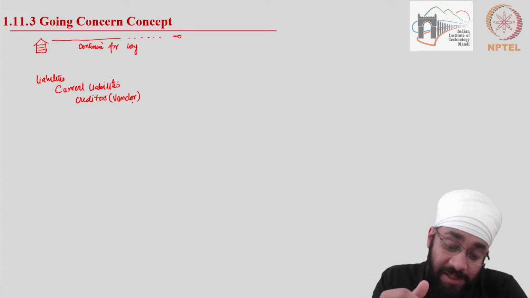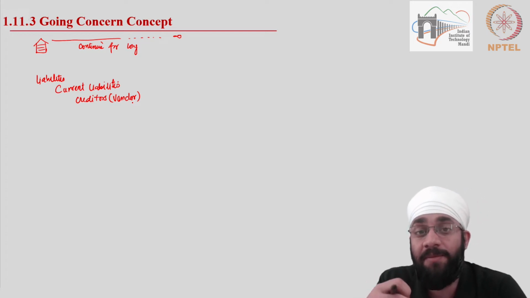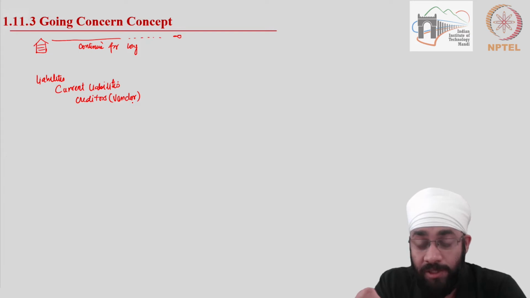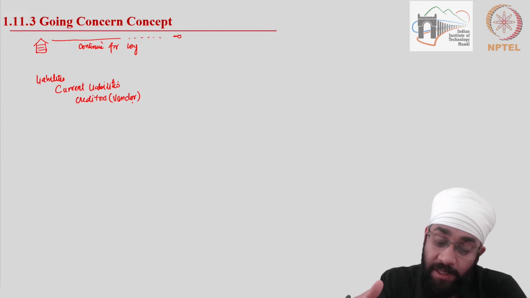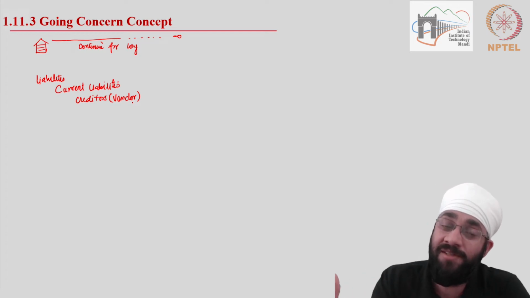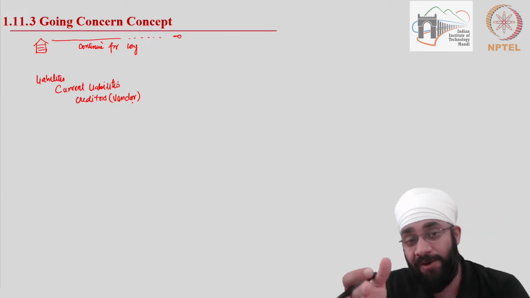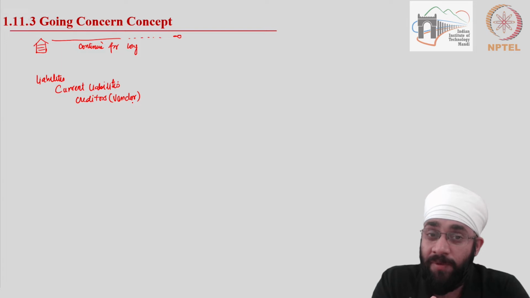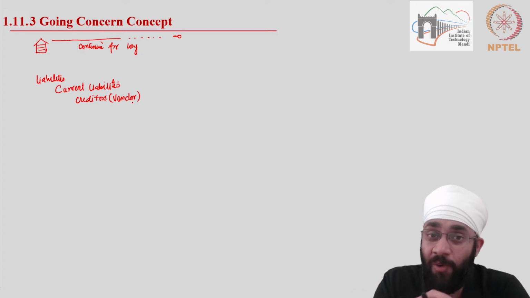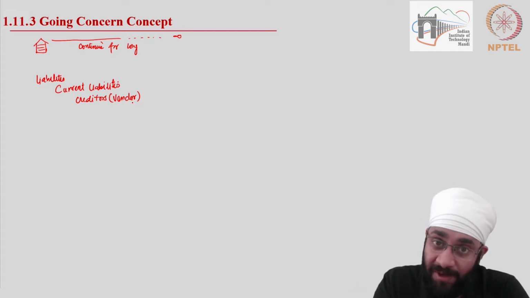Now, in this case, what is happening is the creditors are building a relationship with the company. The company is expected to pay back in future because the company is expected to exist in the future. With an unknown customer coming to your shop, you do not know whether this person is going to come back to you. If you let this person go, you have no idea about who he is.